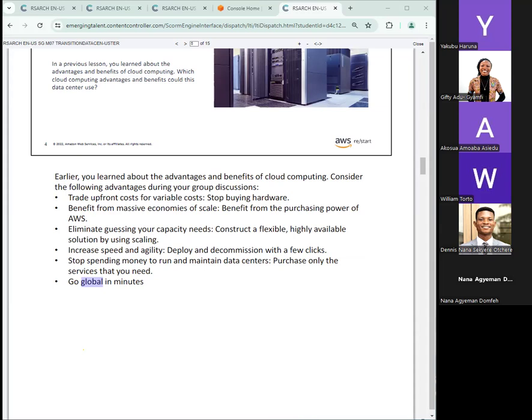When you do your own analysis, you should be able to tell the business that when you move to the cloud, it's not going to help you. Not all businesses will benefit from the cloud. Exactly. Thank you, Yakubu.